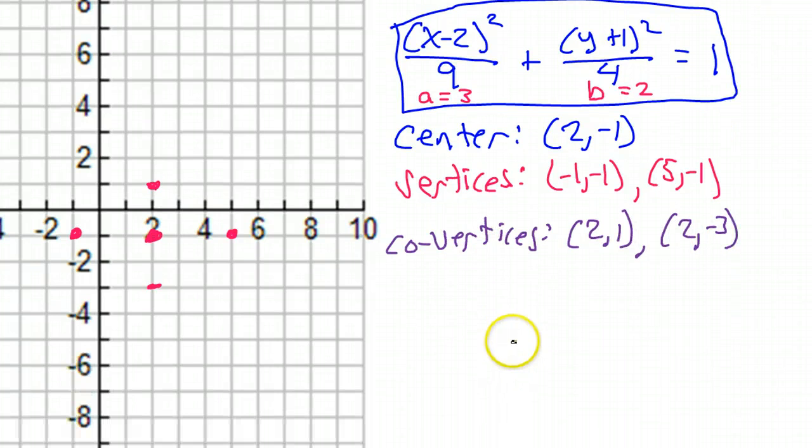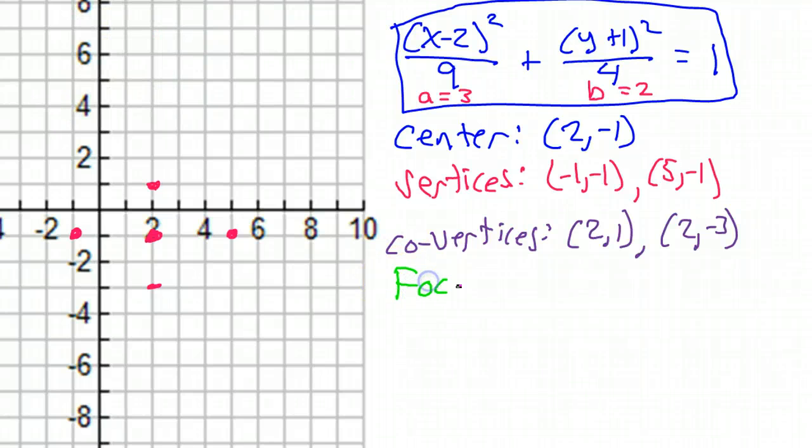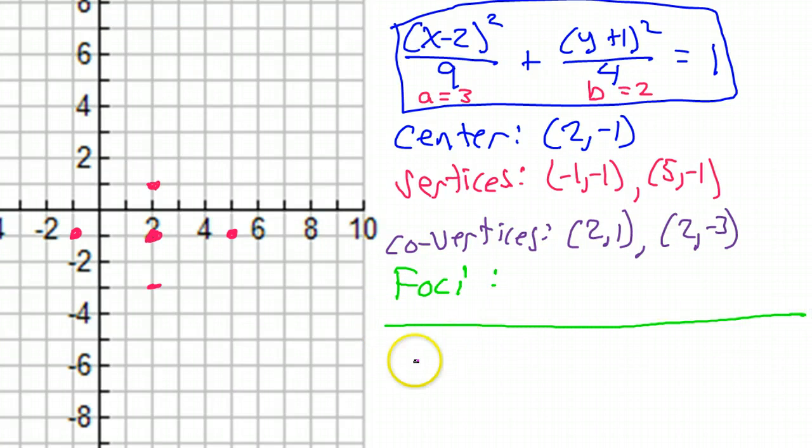Alright, now that just leaves the foci. Okay, the foci, I have A and B, I'm going to need C for that. So I'm shooting for the foci now. Okay, but for the foci, I know that C squared is equal to A squared minus B squared, right?